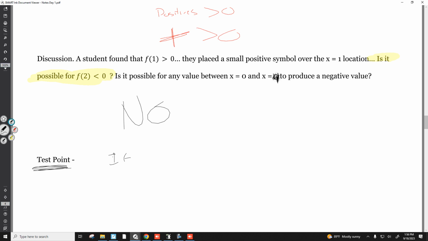If you know all of your 0 locations, the signs of your polynomial must be consistent in between or outside your 0. Must be consistent in your interval.